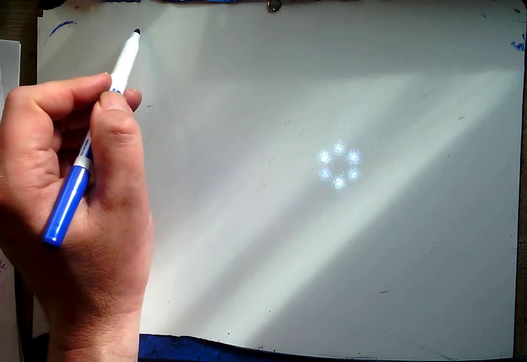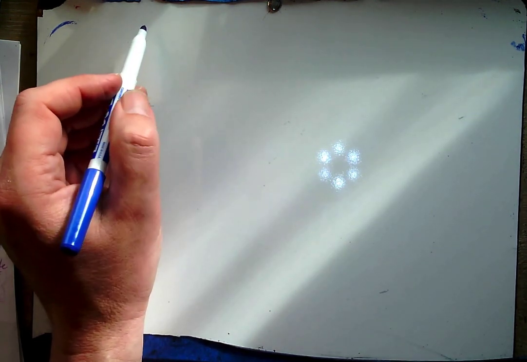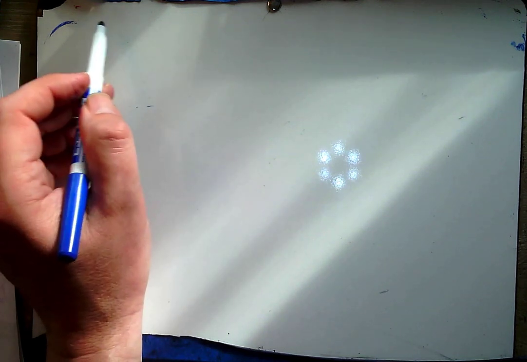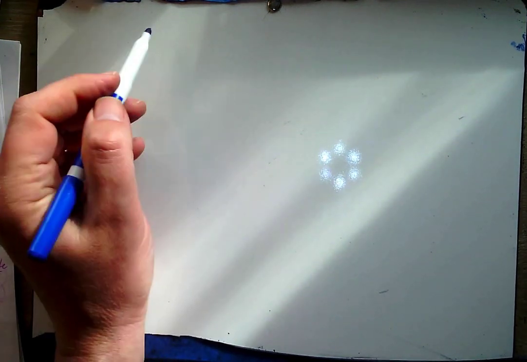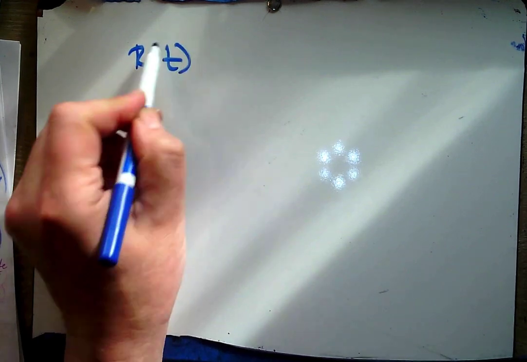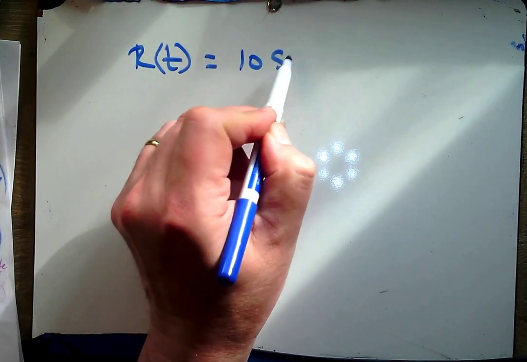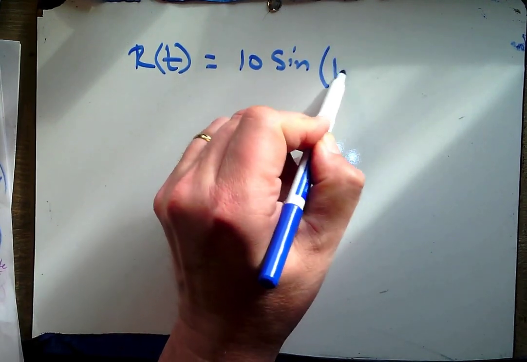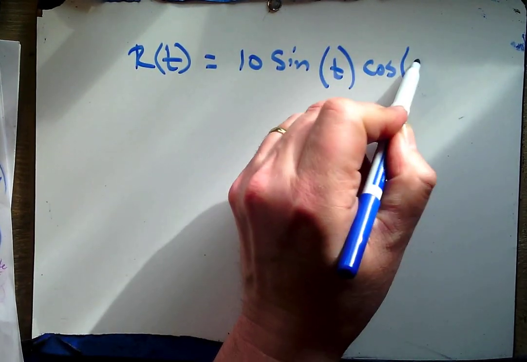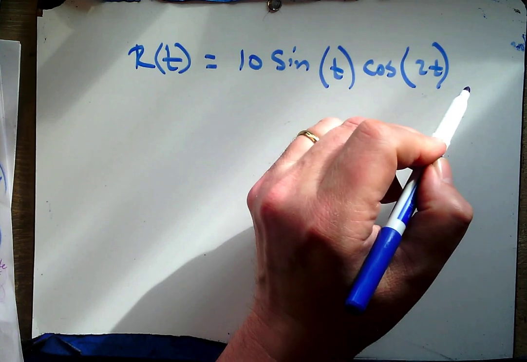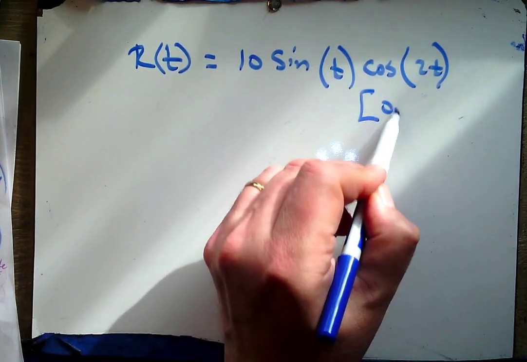Okay, the rate at which the population of mice is changing, and notice that second word there, the rate. R of t, that's a rate function. What do I do with rate functions? That's right, we integrate a rate. R of t equals t cosine 2t for time t equals 0 to 90.